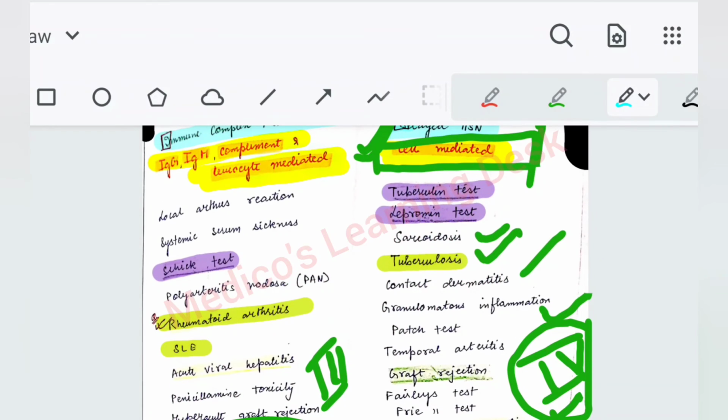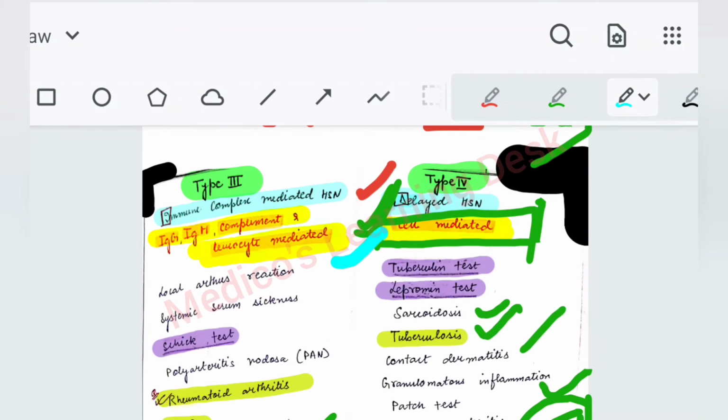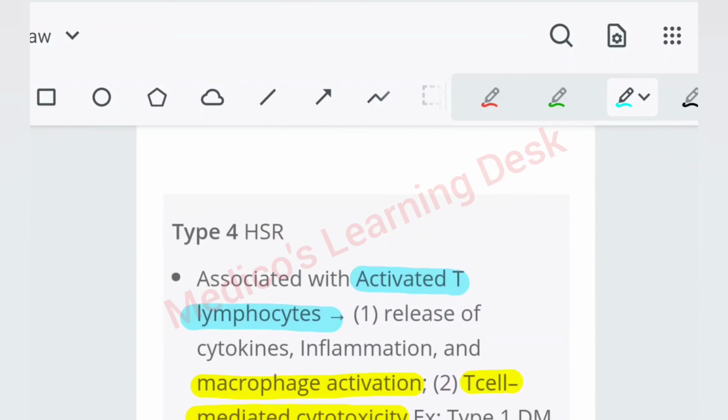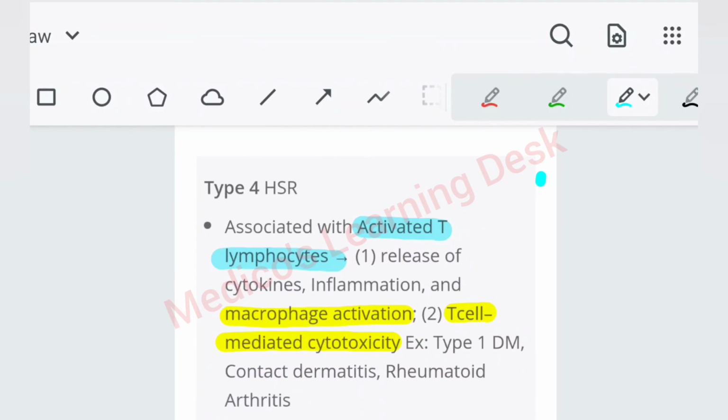So another 2 tests are also involved in type 4, that is tuberculin test and the lepromin test. Tuberculin test and lepromin test will fall under type 4 hypersensitivity reaction. Okay, let's see the mechanism first. So what is the mechanism? There will be activation of T lymphocytes.